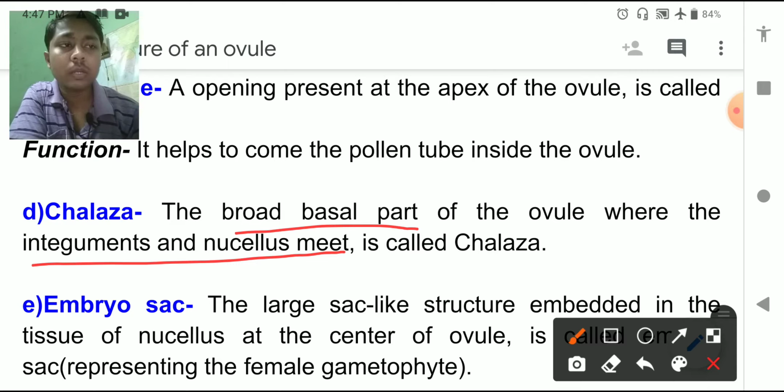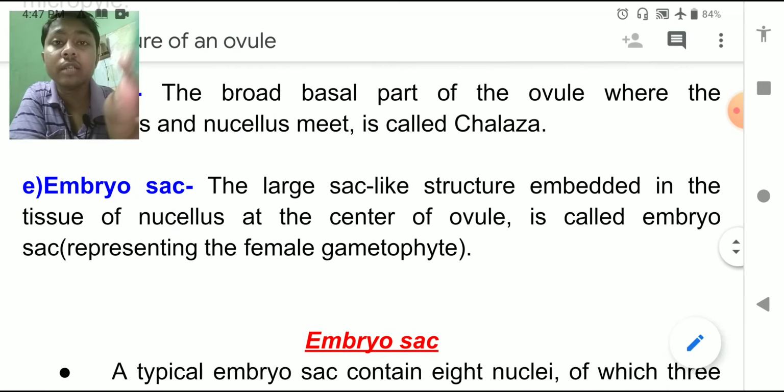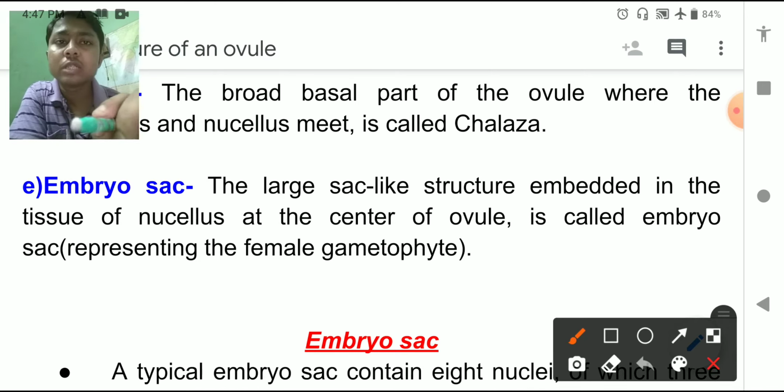Now we talk about the embryo sac, and this is the vital point. The embryo sac is basically a sac-like structure present inside the ovule, and it contains 8 nuclei. These 8 nuclei have different functions, and each has a specific name.